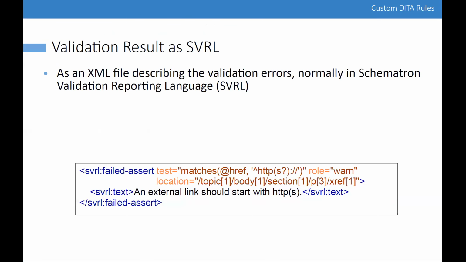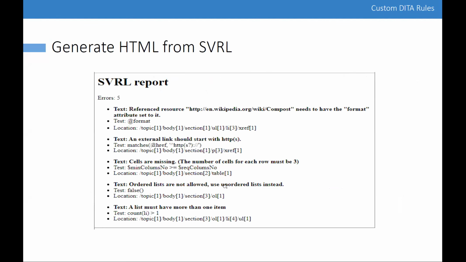Then you have this SVRL, which is also a standard language, the Schematron Validation Report Language. As you've seen, this is an XML, and it has the information about the test that it checks, and the role and the severity of the problem, the location. And of course, from this you can create also a nice HTML report to provide to someone. Something like this, like I did in my example.